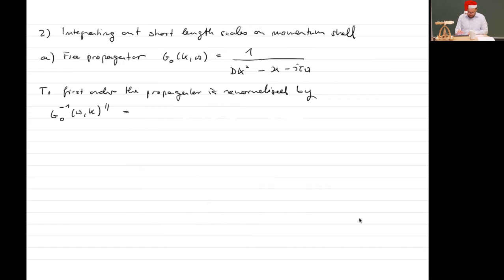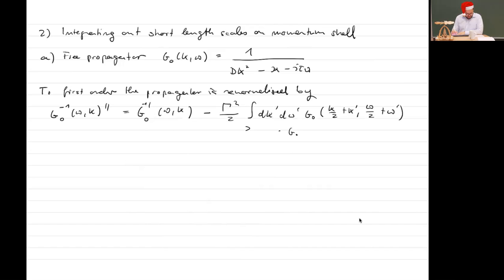G double prime is the free propagator after the first step, where we have already done the rescaling, of omega, k, plus, using the mathematical expansion, minus gamma squared over 2, then the integration over this momentum shell, dk prime, d omega prime, then d of k over 2 plus k prime, omega over 2 plus omega prime, times g of k over 2 minus k prime, omega over 2 minus omega prime.